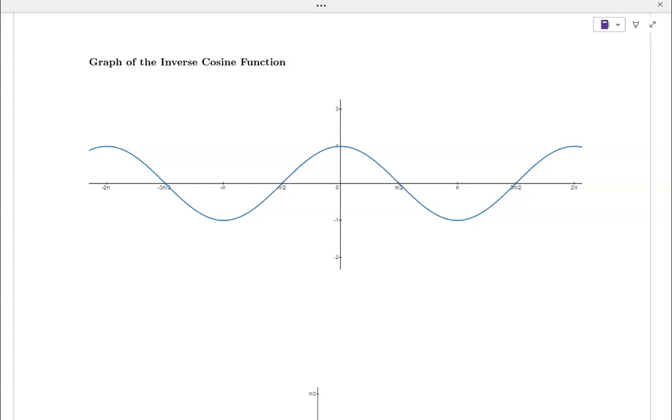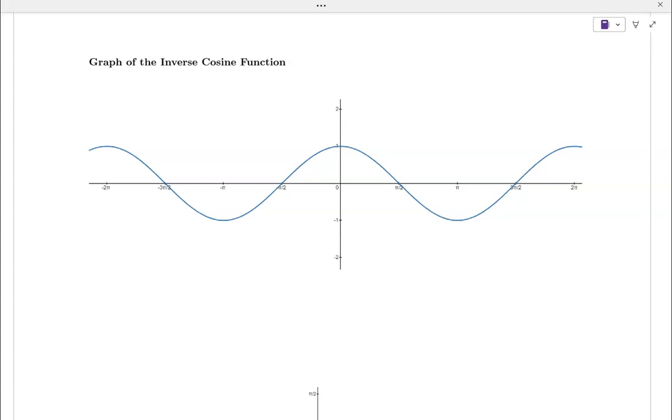We want to make sure that we have a one-to-one function and it takes up the entire range. Can we use the same restriction that we did for the previous two? Can we use negative pi over 2 to pi over 2? No. Negative pi over 2 to pi over 2 gets something that is not one-to-one and doesn't take up the entire range. It violates both of our principles.